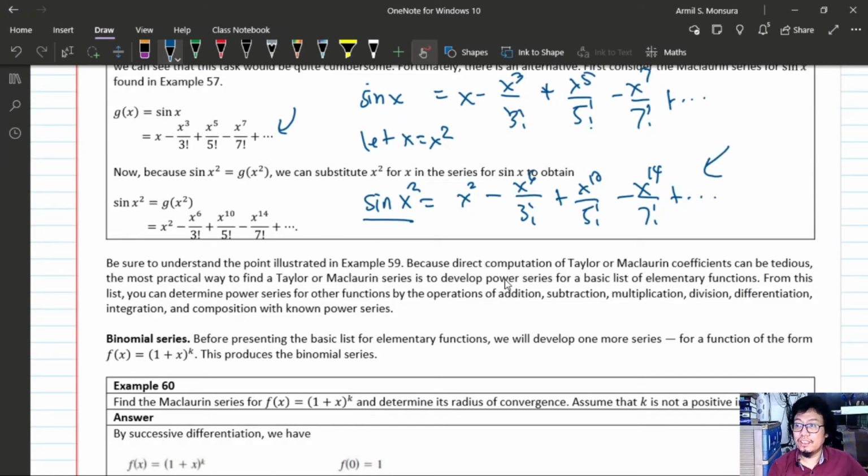Because the direct computation of Taylor or Maclaurin coefficients can be tedious, the most practical way to find a Taylor or Maclaurin series is to develop power series for a basic list of elementary functions. This is what I have been pointing out in the previous lessons.